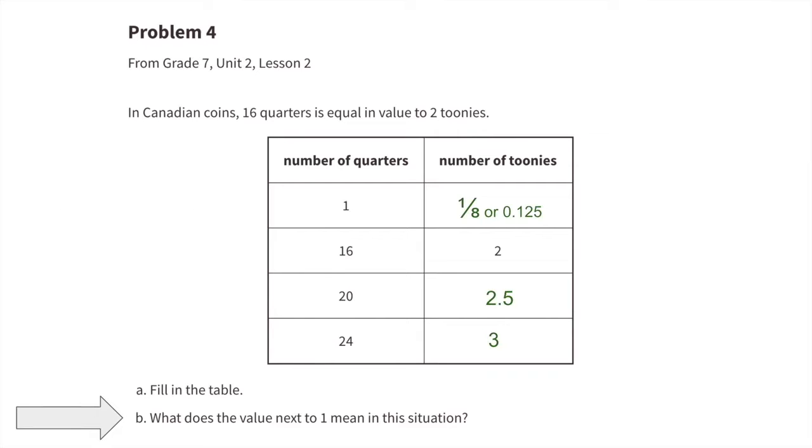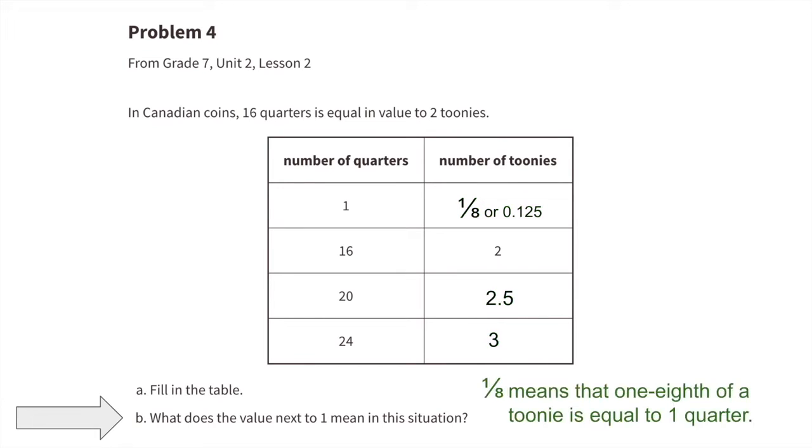B. What does the value next to 1 mean in this situation? 1/8 means that 1/8 of a toonie is equal to 1 quarter.